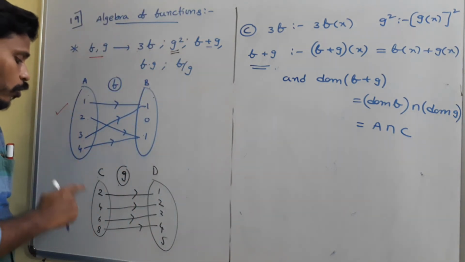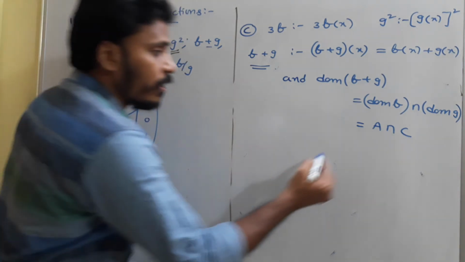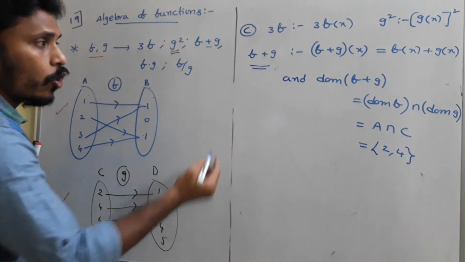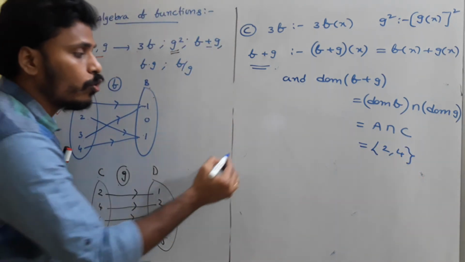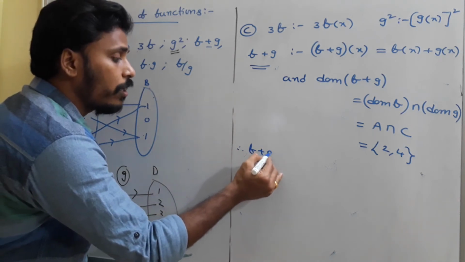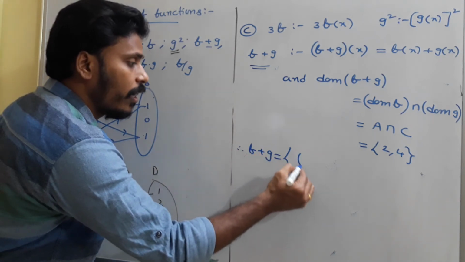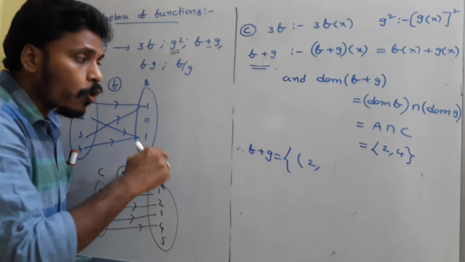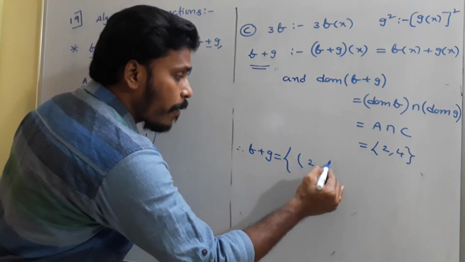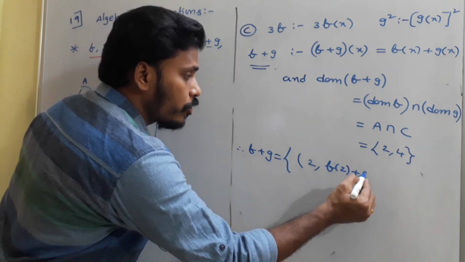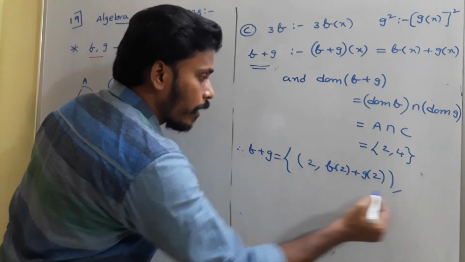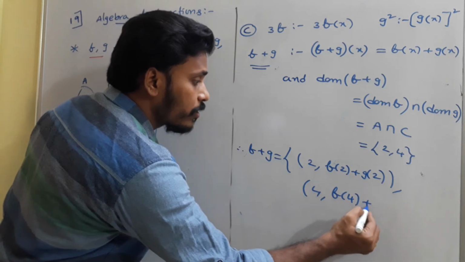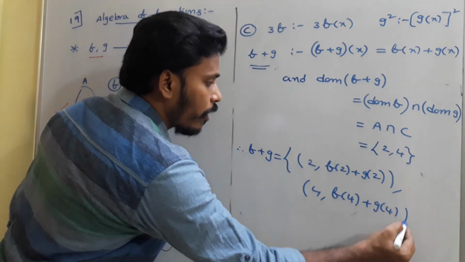Here A contains 1, 2, 3, 4, g contains 2, 4, 6, 8, and the intersection is simply 2, 4. So since the intersection is simply 2, 4, when you list the elements of f plus g, it contains the ordered pairs 2, f of 2 plus g of 2, okay, 4, f of 4 plus g of 4, okay.